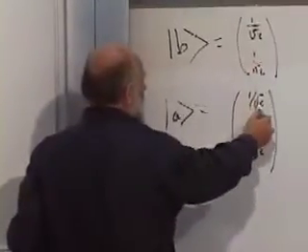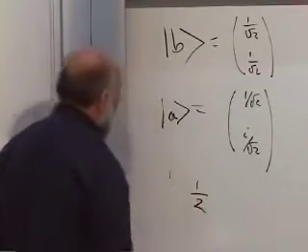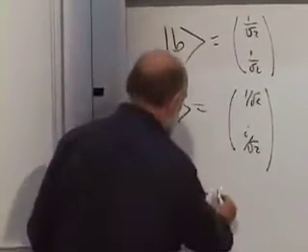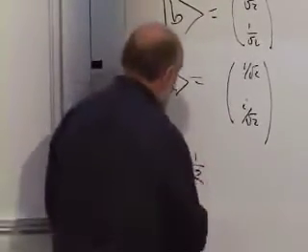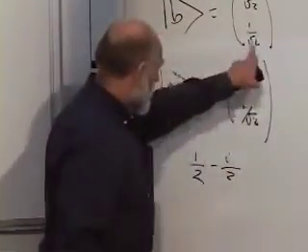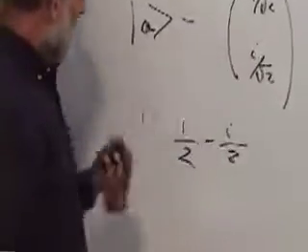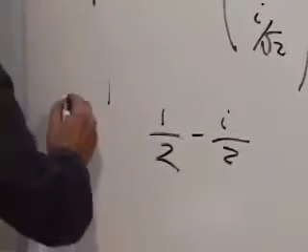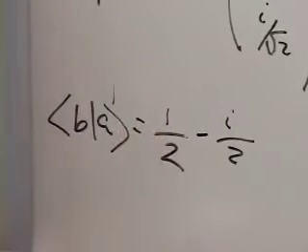It's 1 over the square root of 2 times 1 over the square root of 2, which is 1/2, plus, but we have to complex conjugate, so that means minus i over 2. This is the inner product of A with B. I don't know if it's A with B or B with A, but it doesn't matter.